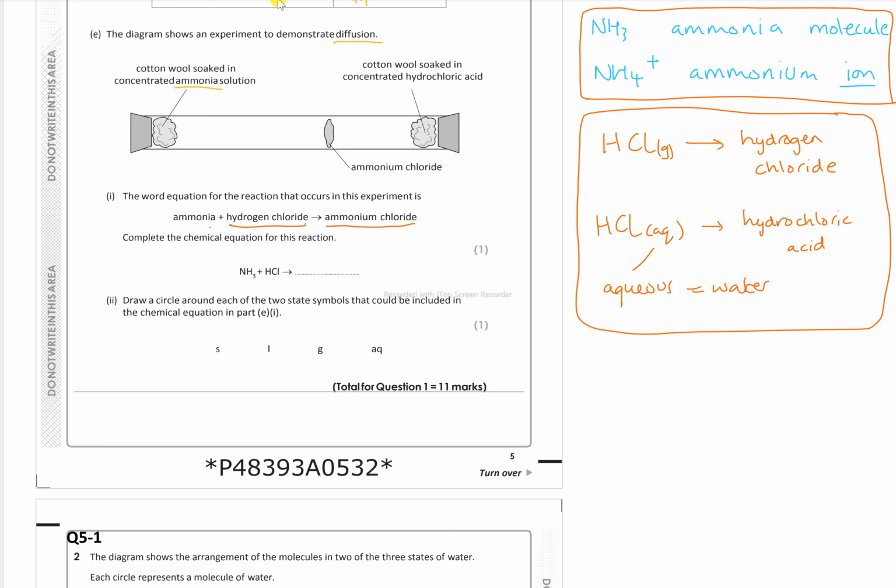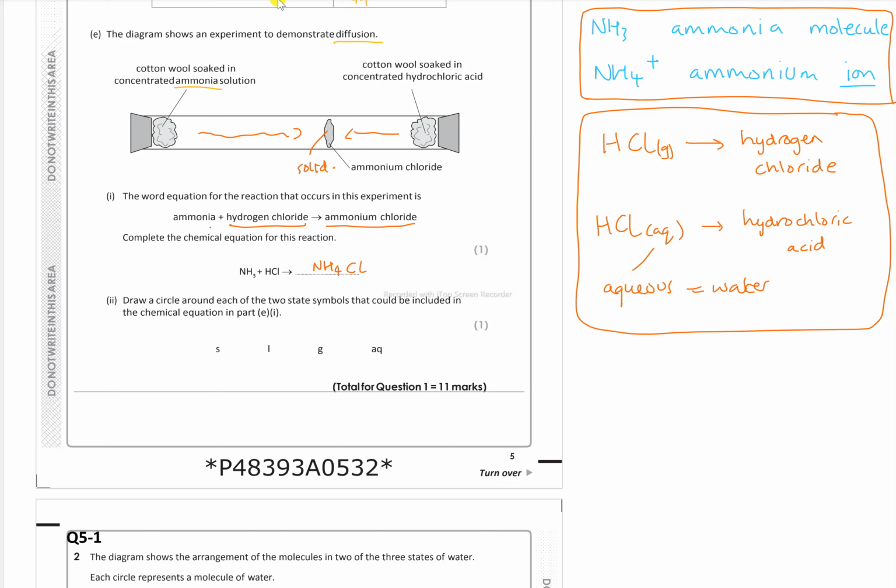It gives ammonium chloride. Draw a circle on each of the two state symbols that are included in the chemical reaction. Ammonium chloride is a solid. So the vapors go across, and what happens is they meet together and form a solid.